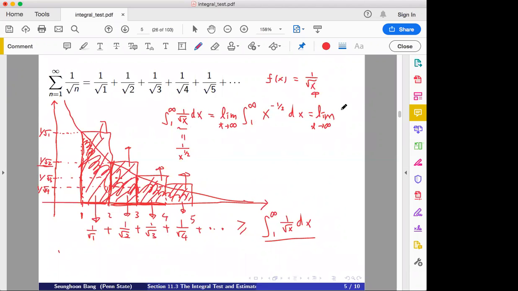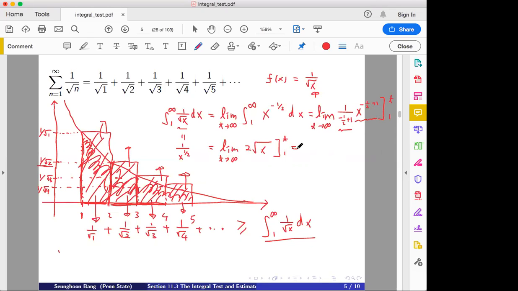So we can use the power rule. It is 1 over the power plus 1, times x to the power negative 1 half plus 1, from 1 to t, with the limit as t approaches positive infinity. 1 over negative 1 half plus 1 is 1 over 1 half, and the reciprocal is 2. x to the negative 1 half plus 1 is x to the positive 1 half, which changes back to radical x, from 1 to t.